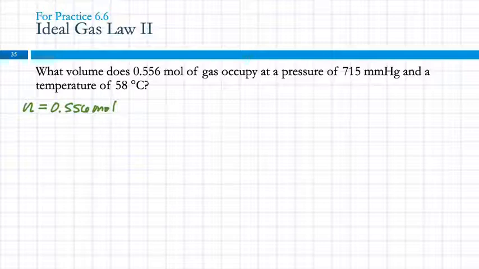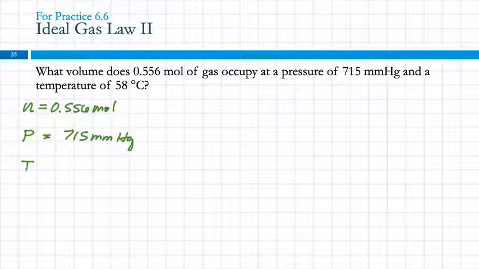Okay, and then it says a pressure of, what's the letter for pressure? P, capital P. The pressure equals 715 millimeters of mercury. And temperature, capital T, is 58 degrees Celsius. And when we see temperature and degrees Celsius in gases, what do we do? We change it to Kelvin, just immediately.